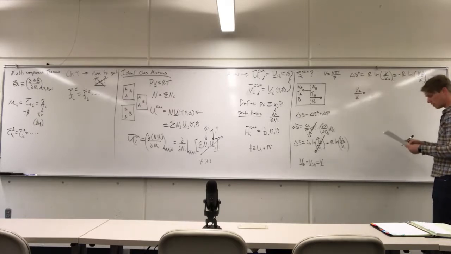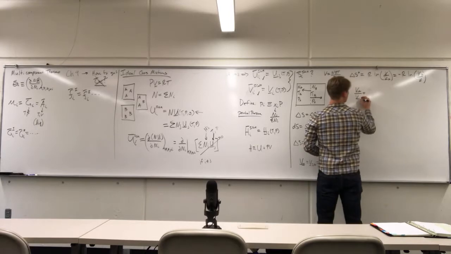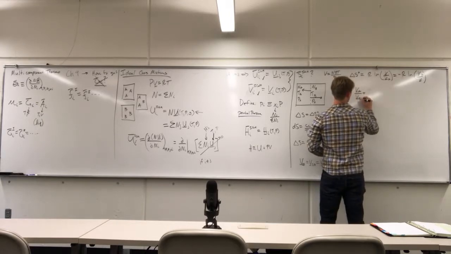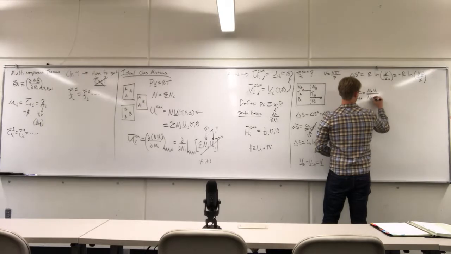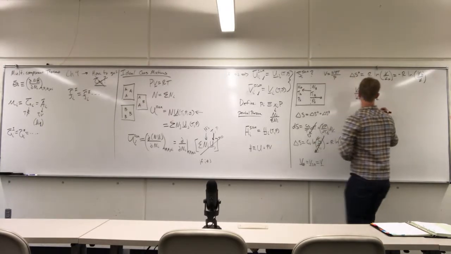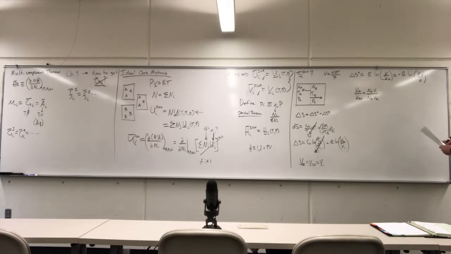I'm deviating a little bit from my notes, which is always a risky prospect. 1A, B, 2A, which is equal to, it's not complicated math, but I just want to make sure I don't mess up my subscripts and everything.